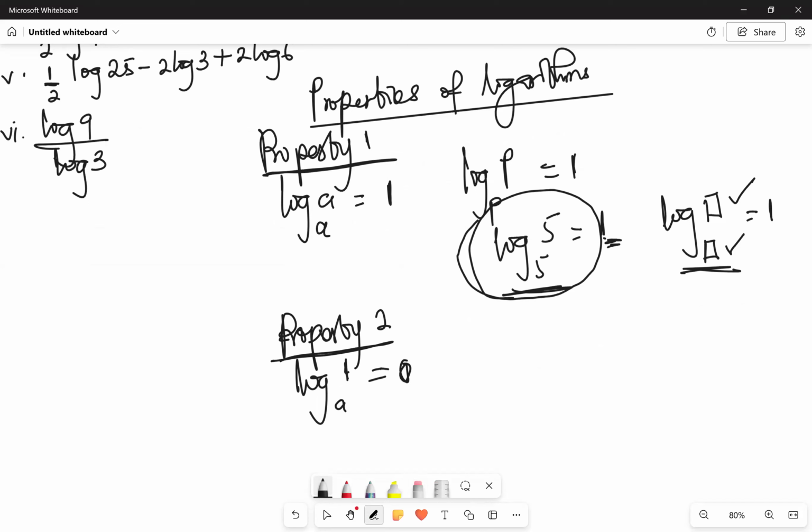When you have the log of 1 to any base, what is it? 0. Take note of that. Log 1 to any base is 0. So log 1 to the base of 200 or 9,000 is what? 0. Take note of that.